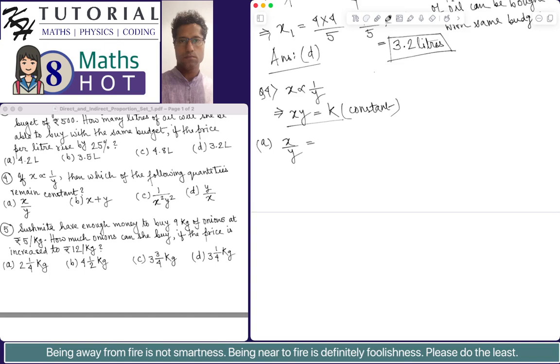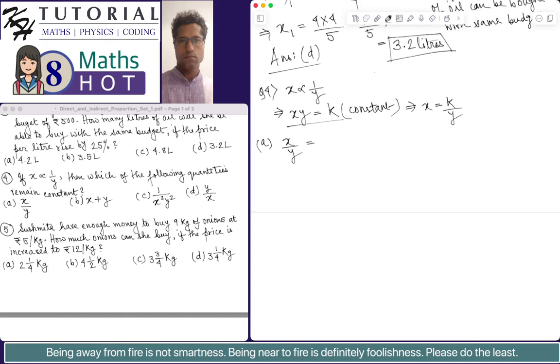Now what can I do? If I try to replace x with the value k by y, then I can say x is equal to k by y.